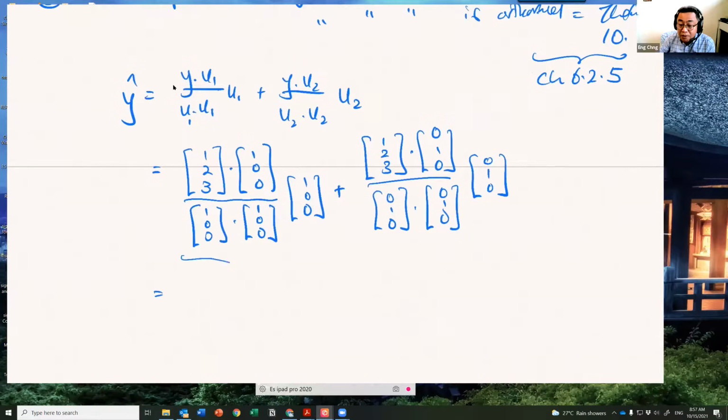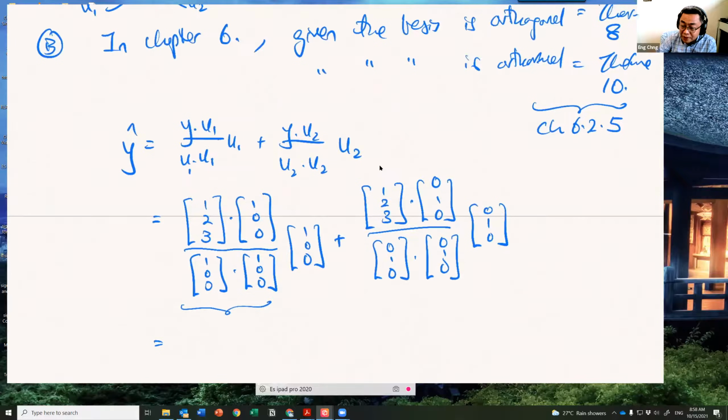Something dotting with something is a scalar. These are very nice because these U's are orthonormal. So in fact, I should have used theorem 10. Okay, I'll show you theorem 10 now.